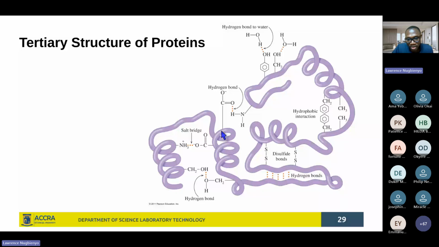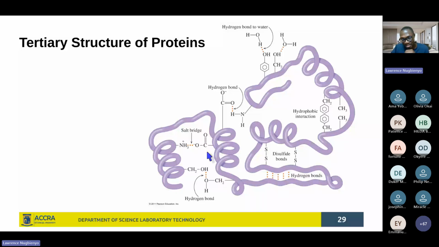Now, the first we are looking at over here is referred to as a salt bridge. A salt bridge is formed between the NH3 plus, that's the amine group, and the COO minus, the carboxylic acid group.